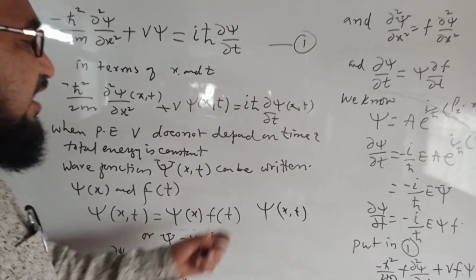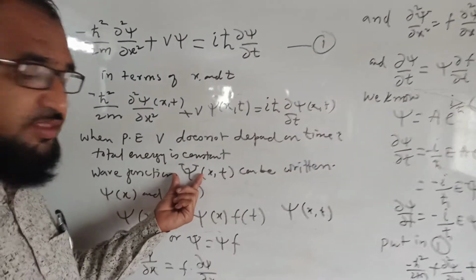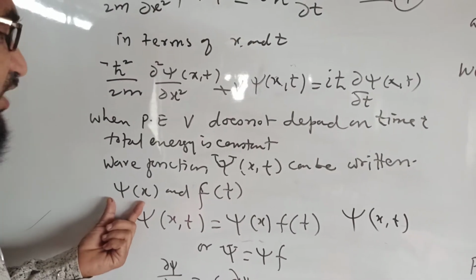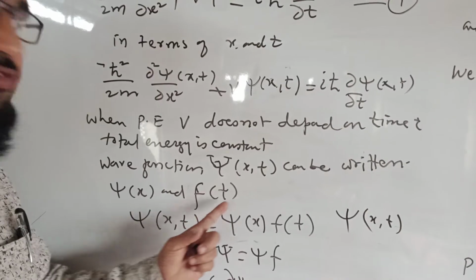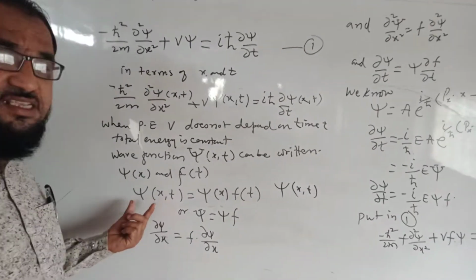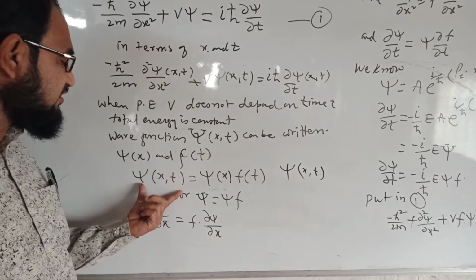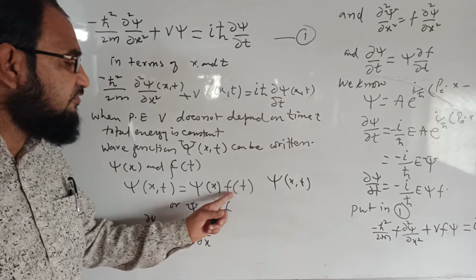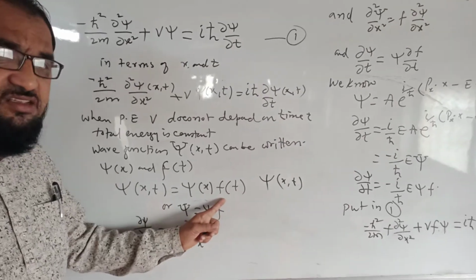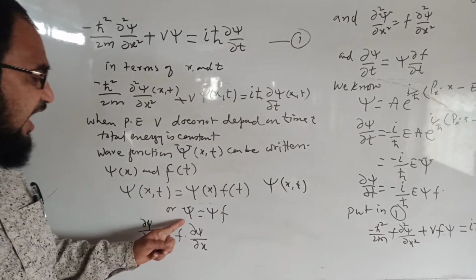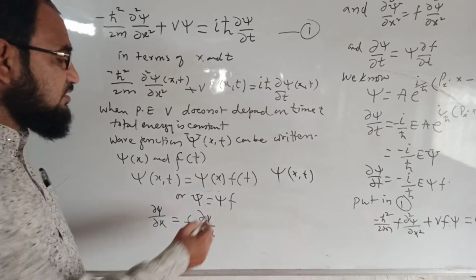So let us say that the wave function psi is a function of x, means the position, and a function of time. Therefore we can say that psi of x,t is equal to psi of x into f of t, where f is a function of time. Or you can say that this psi is equal to psi f.